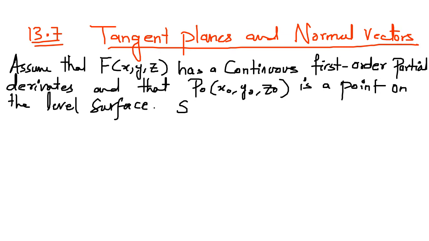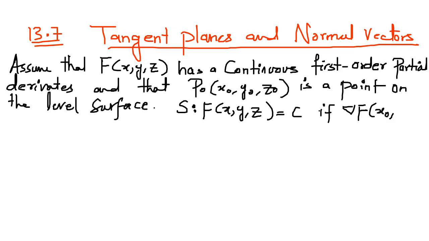So any surface of that function f of x, y, and z that is equal to c. We discussed before the gradient of a function at point x naught, y naught, and z naught.